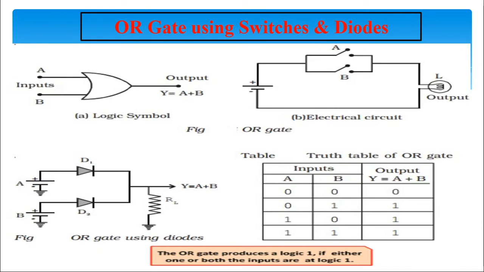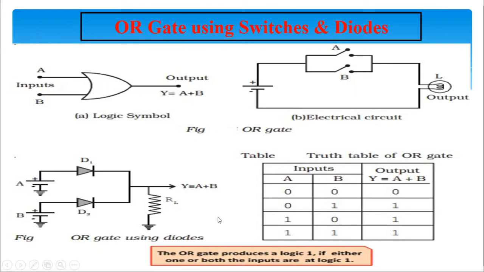Similarly, when both the switches are closed, that is, both inputs of OR gate are at logic 1, then the circuit is complete. Therefore, current flows from battery to lamp, which in turn makes the lamp on, and an OR gate produces a high output. That means the lamp will glow if both inputs are closed or any one of them is closed.